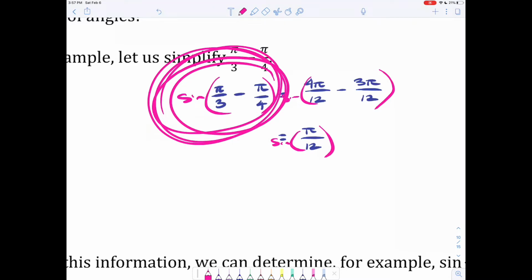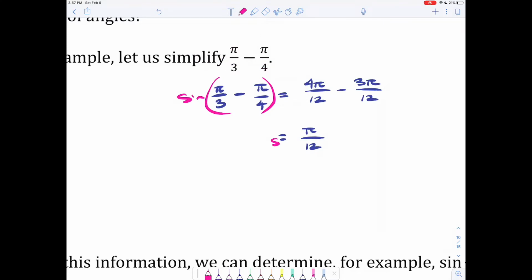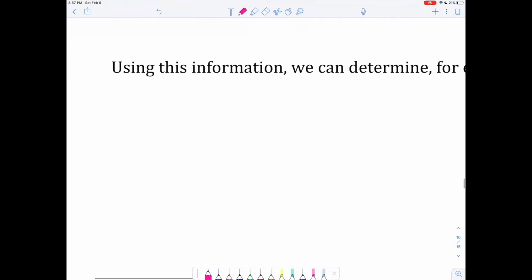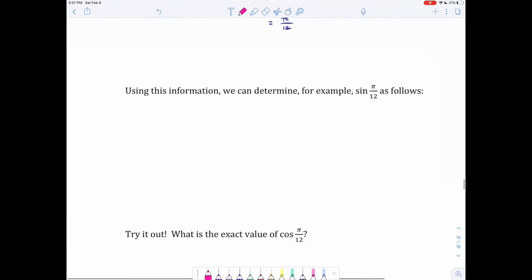That's what we're going to do right down below here after I finish erasing some stuff. So we will evaluate sine of pi over 12. We're going to take sine of pi over 12 and we will express it instead as pi over 3 minus pi over 4.